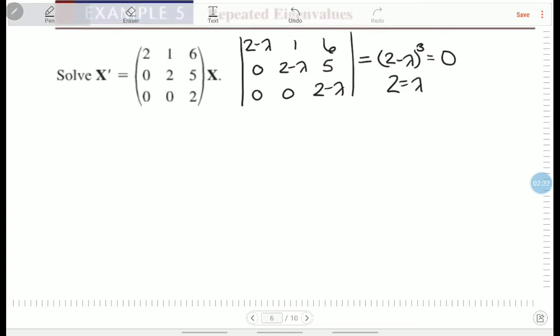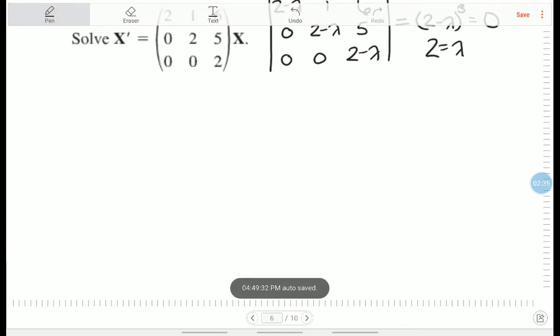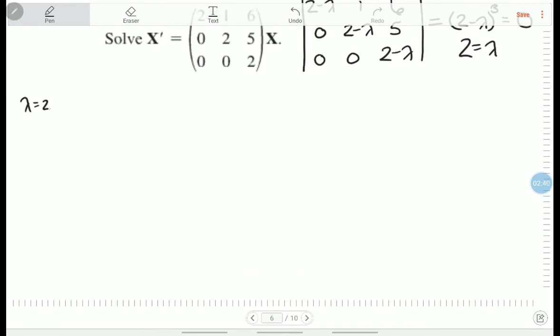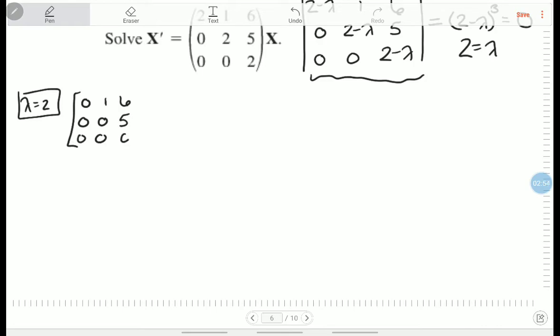So now that we have the eigenvalue, let's find the eigenvector. So to find the eigenvector, we're going to substitute that into this matrix. And we are going to have 0, 1, 6, 0, 0, 5, and 0, 0, 0. Let's solve this system. If we did RREF, we will end up with this.